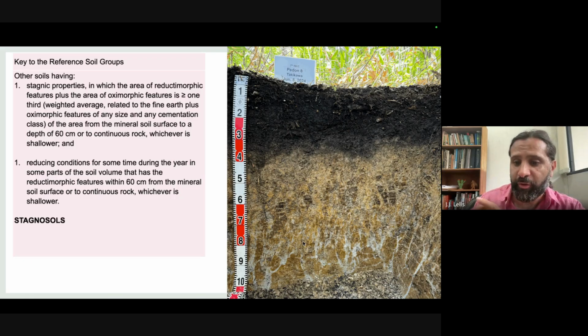So we have dominance of oxic conditions, especially inside the aggregates. But the voids will have reducing conditions because the voids are filled by water, okay?